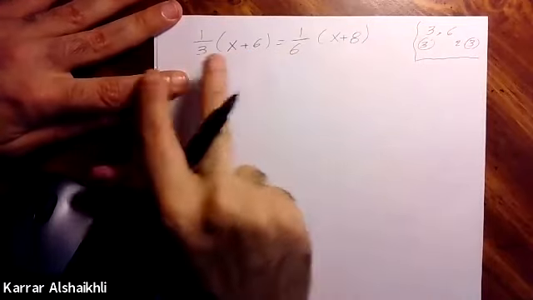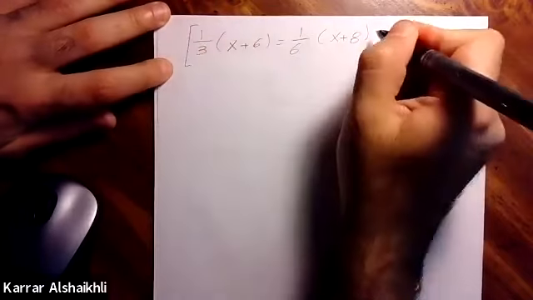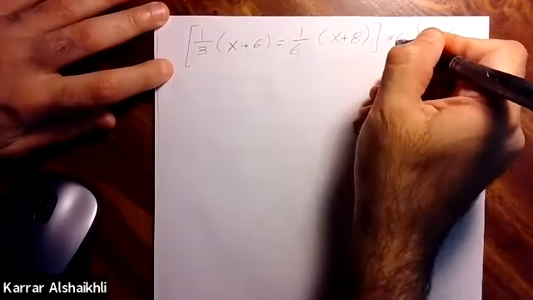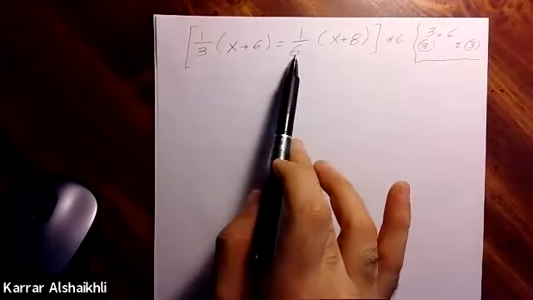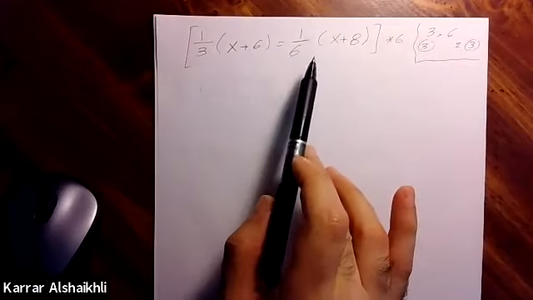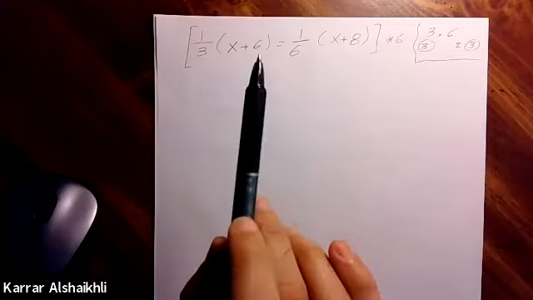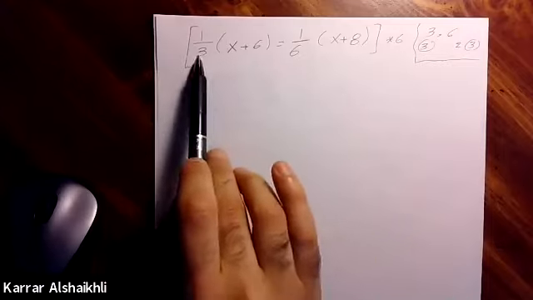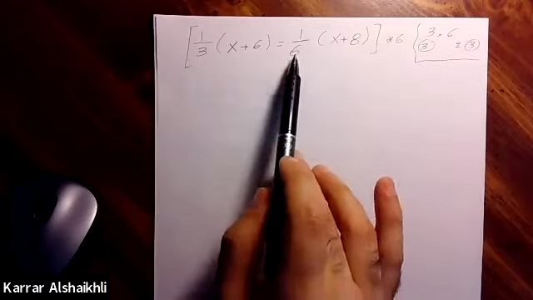So I'm going to multiply everything by 6. Multiplying by 3 times 6 would also be right, but you always have to make sure: if there's a common factor between the denominators, multiply by the greatest one, which is the 6.